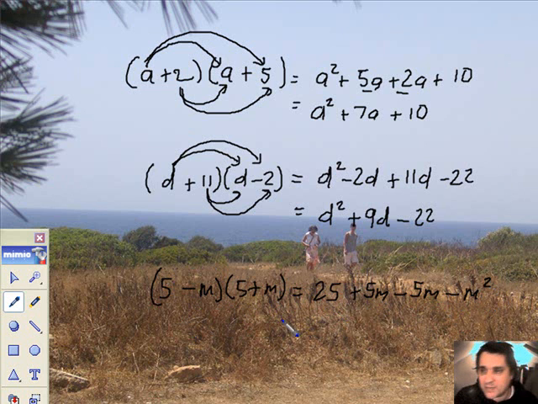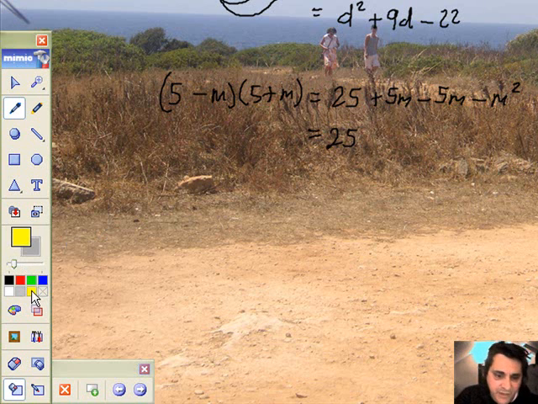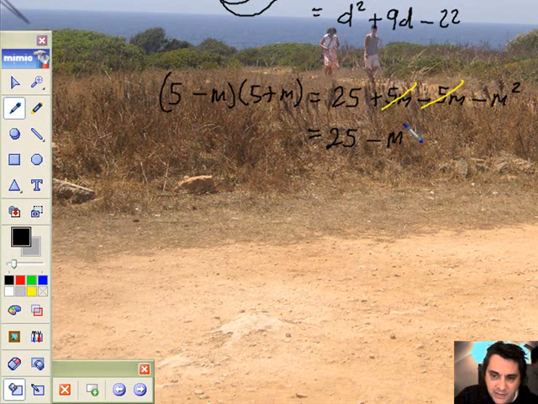All a little bit backwards this one, don't be scared of it, just follow the rules and you'll be fine. What do we got? 25 is on its own. We've got plus 5m minus 5m. Well, that's 0, isn't it? 5 take away 5 is 0. And then we're left with minus m squared. And that's it. And that's beautiful, alright?